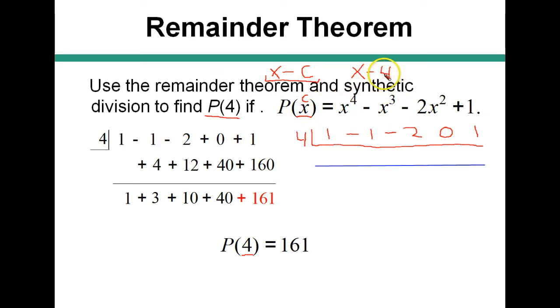So our negative 4 becomes a positive 4 up here. We're going to bring down our 1, and we go 4 times 1 is 4. Add this up, this gives us a 3. 4 times 3 is 12.